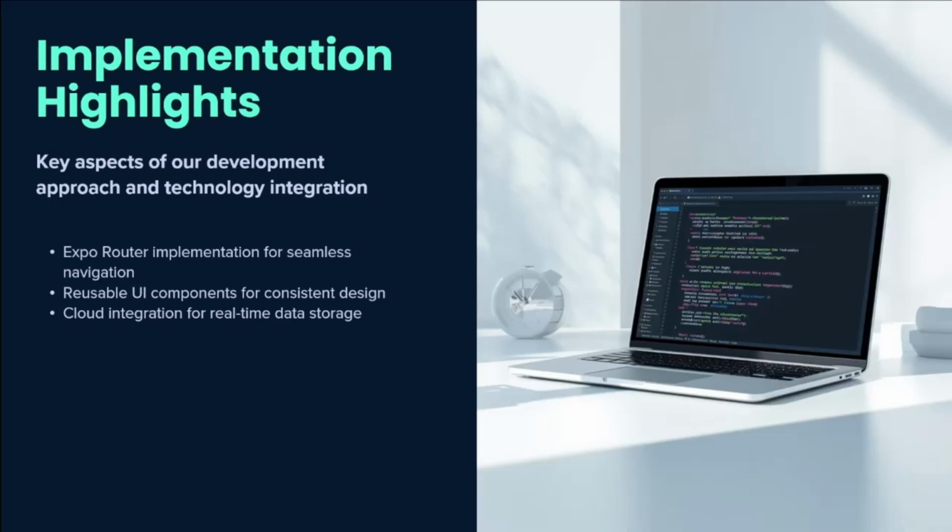The implementation highlights. One key implementation highlight is the use of Expo Router for navigation. In a mobile application, we need to navigate from page to page, from one place to another, so I needed something smooth that would make navigation easier. Expo Router allowed me to structure the project clearly and manage navigation smoothly between screens.